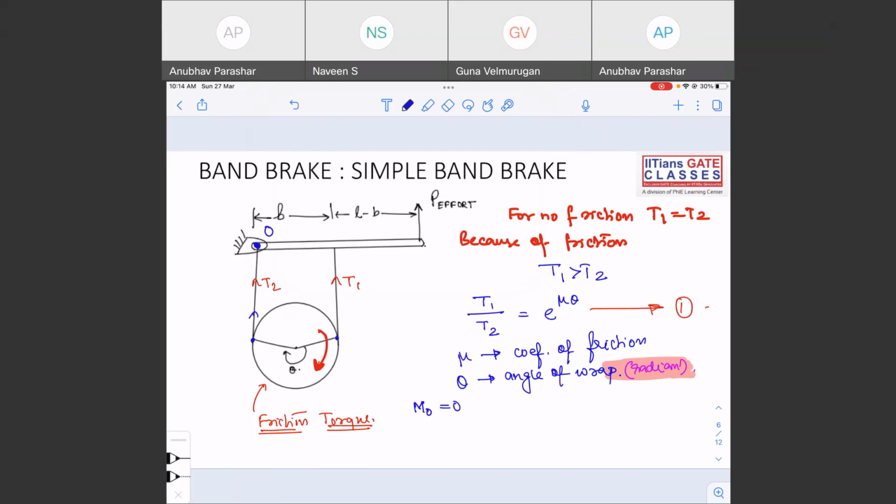To find the moment, I'm drawing the FBD of the lever. Please make sure you are drawing the FBD of the lever. So how many forces are there in the lever?